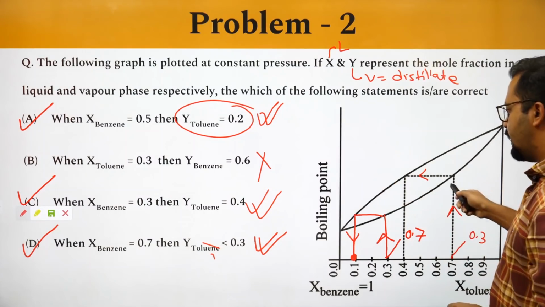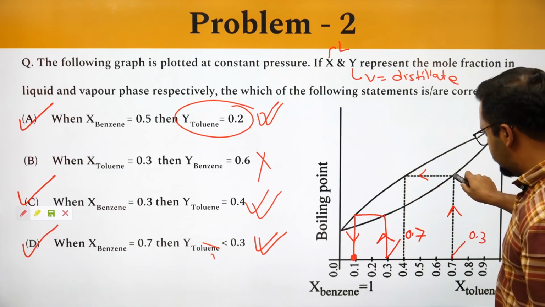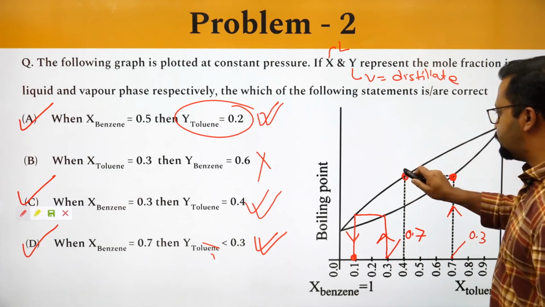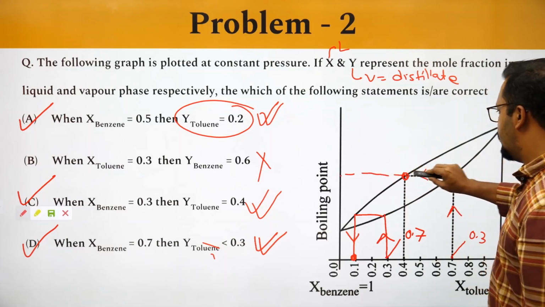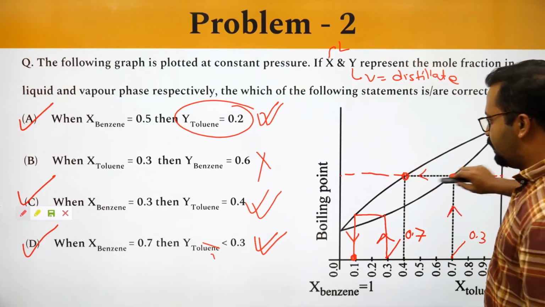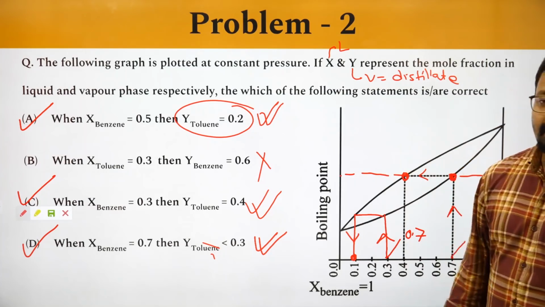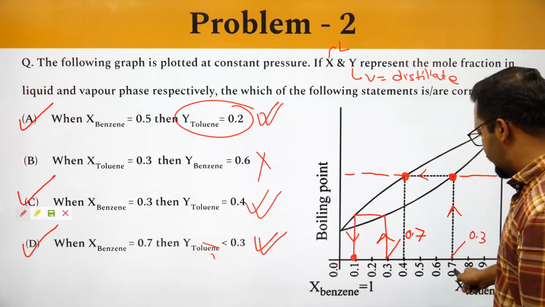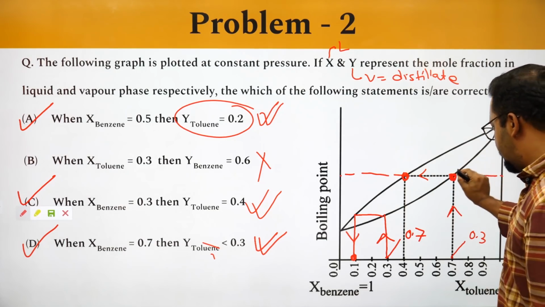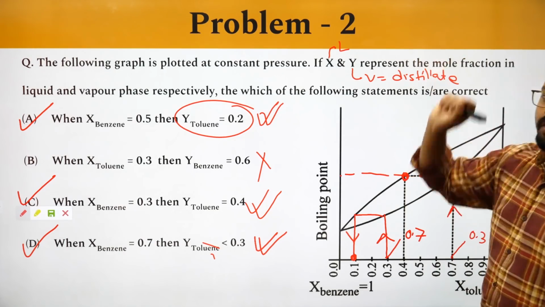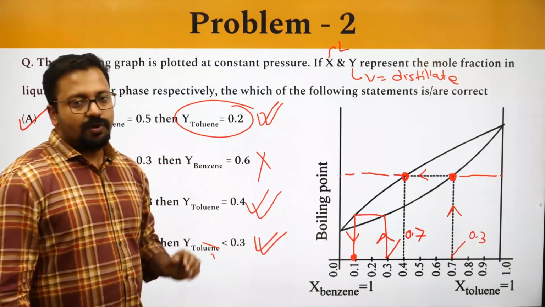Isothermal condition, this and this point should be on the same temperature axis. Same temperature पे ये दोनों point meet करने चाहिए. Vapor के लिए जो liquid के लिए जो आपने टेम्परेचर लिया है, उसी टेम्परेचर पे आपको वेपर बनाना है. This lower one is for solution, upper one is for vapor.